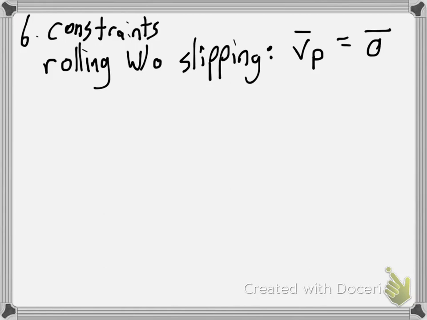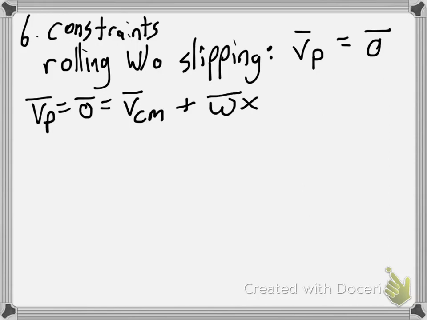In this case, I want to relate the velocity of point P, which I know, to the velocity of the center of mass. So the velocity of point P is known as 0, equals the velocity of the center of mass plus omega cross r of point P with respect to the center of mass.